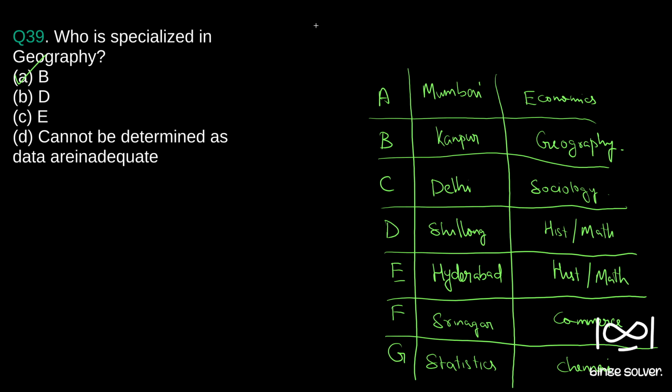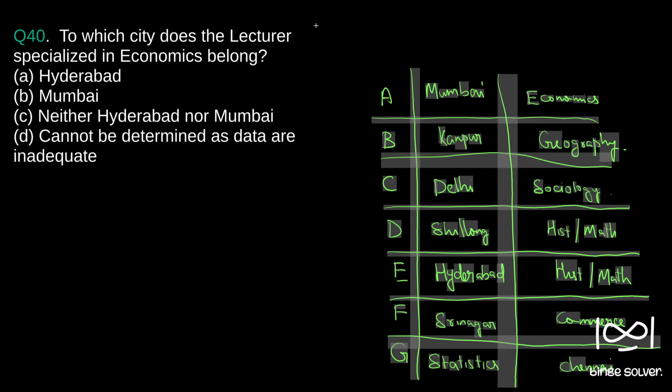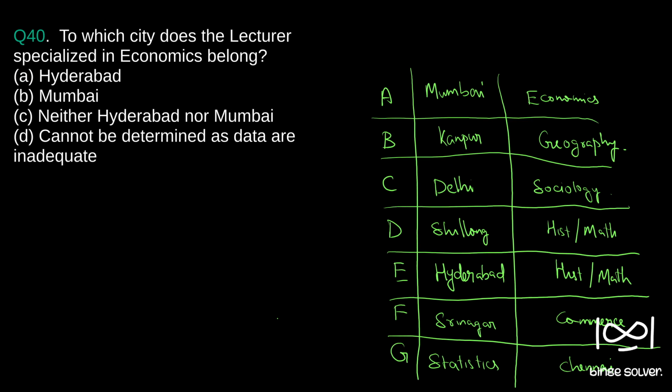So we'll take up the next question. This is the data. To which city does the lecturer specialized in economics belong? A is the person who is specialized in economics. He belongs to Mumbai. So solution to question 40 is B, Mumbai.